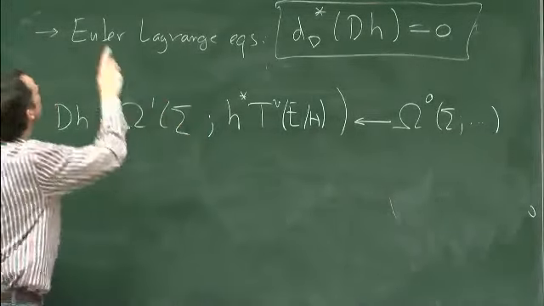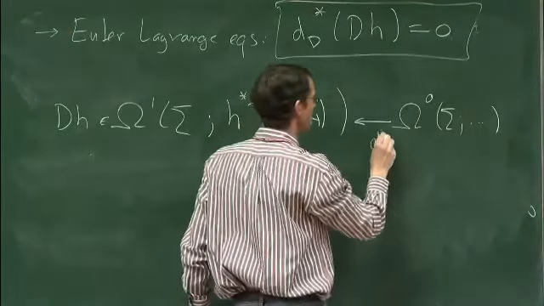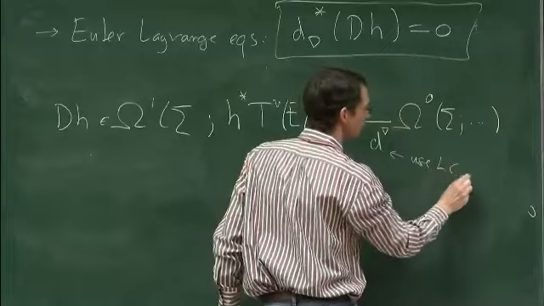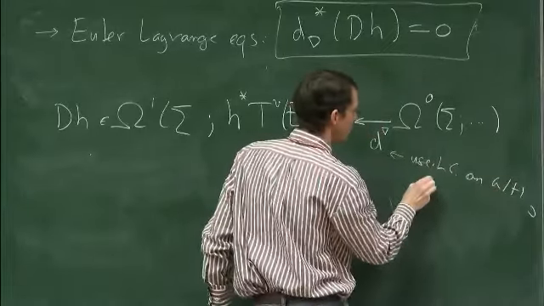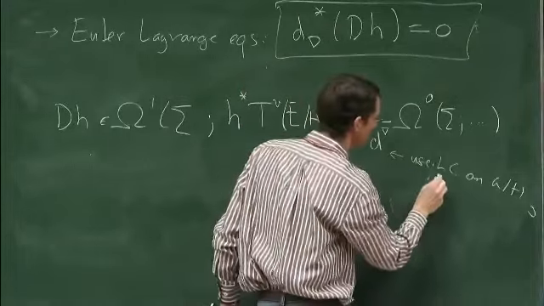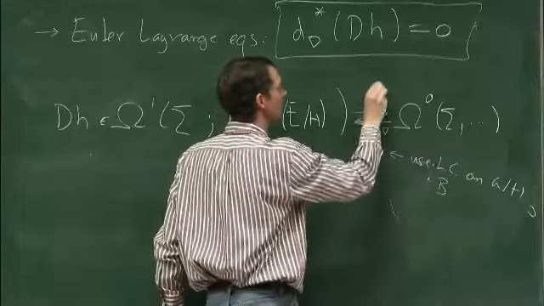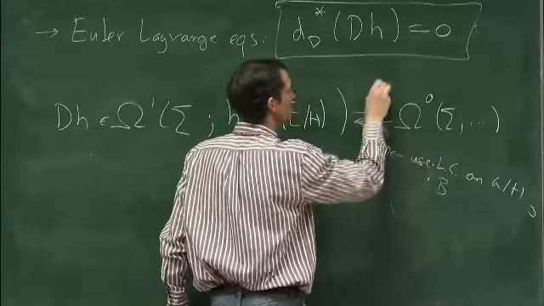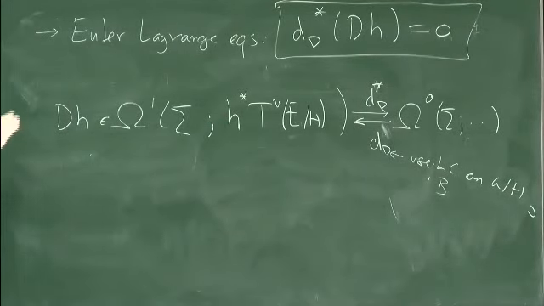So G over H is a Riemannian manifold, so it has a Levi-Civita connection, so you can define a connection here. So use the Levi-Civita connection on G over H, and use also the flat connection to get a connection in this bundle, and then you just take some formal adjoint operator here. Okay, so that's very briefly what this equation is.